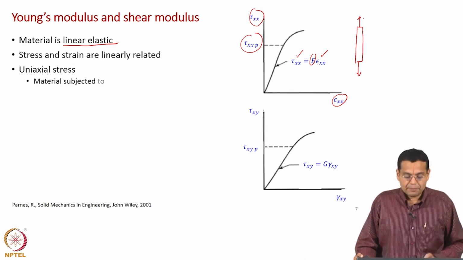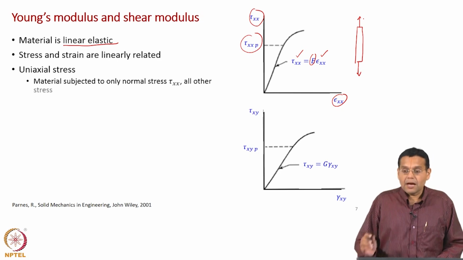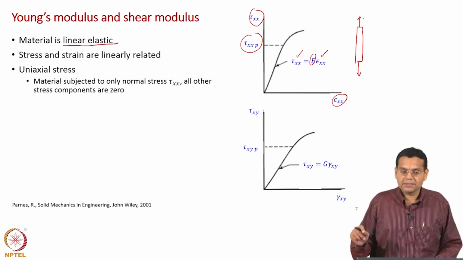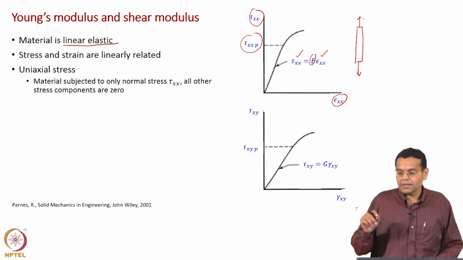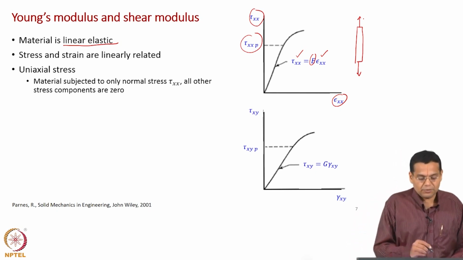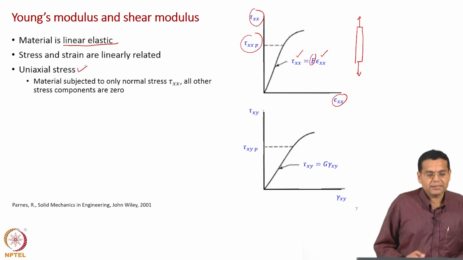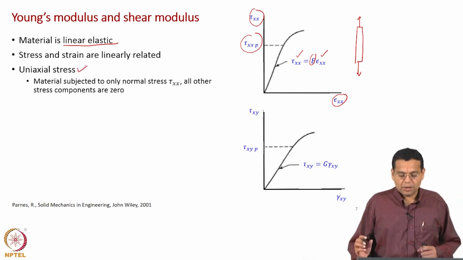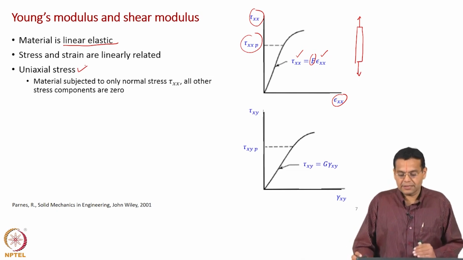The material is subjected to only normal stress tau xx, and all other stress components are 0. We have tau yy, tau zz, tau xy, there are no other normal stresses, there are no shear stresses also. That is what we mean by uniaxial stress. There is only one normal stress along one particular direction. In this case we are considering tau xx.